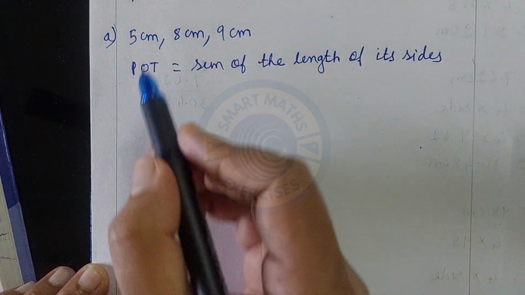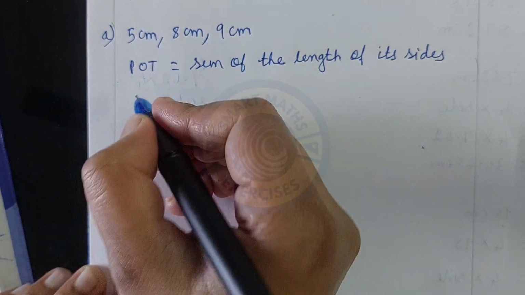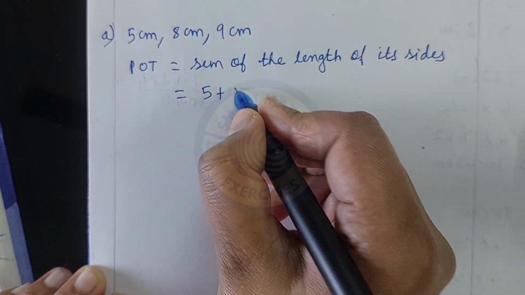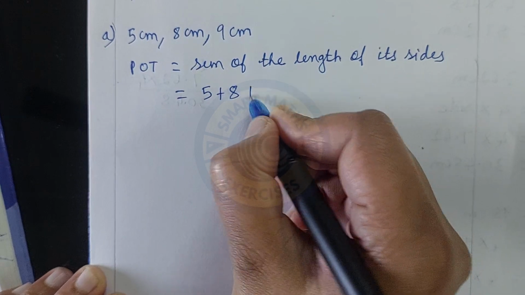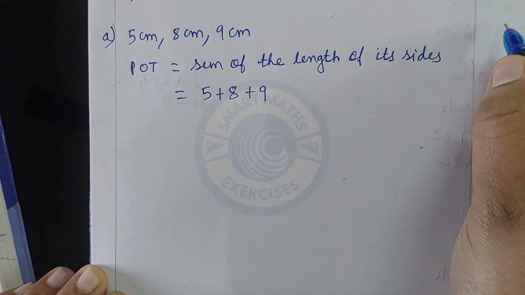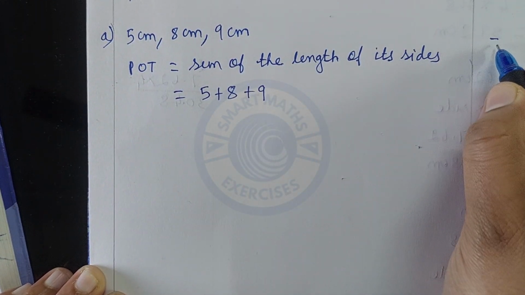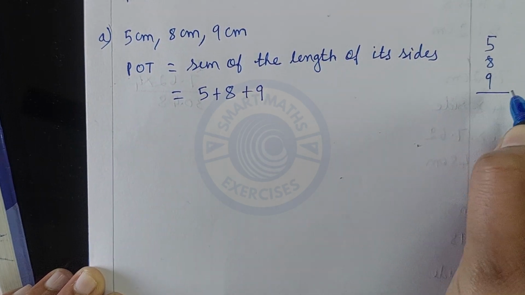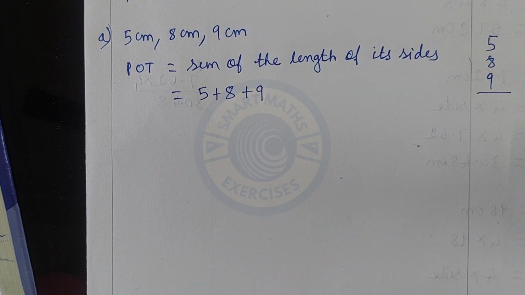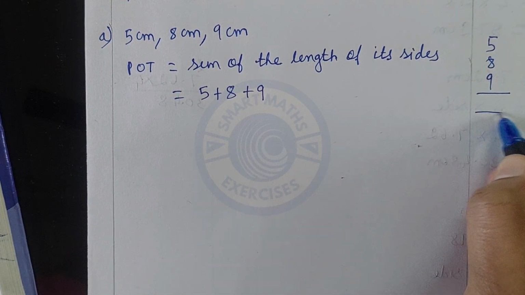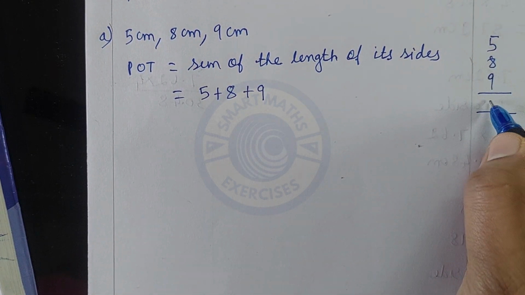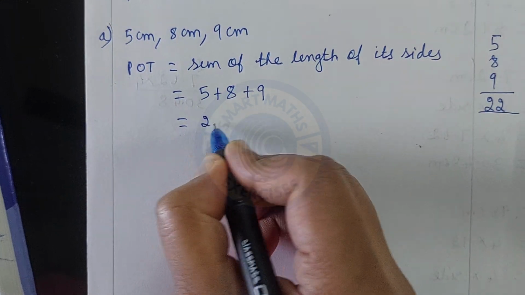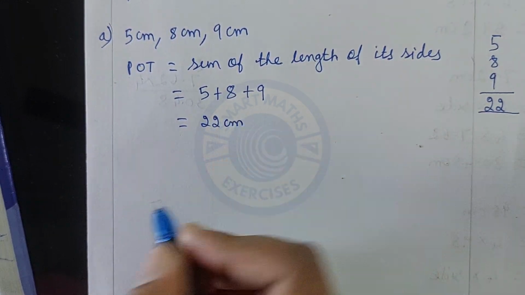Here we have all three sides. We only have to add these sides and write the answer. So add 5 plus 8 plus 9. 5 plus 8 plus 9 is 22. So answer is 22 centimeter.